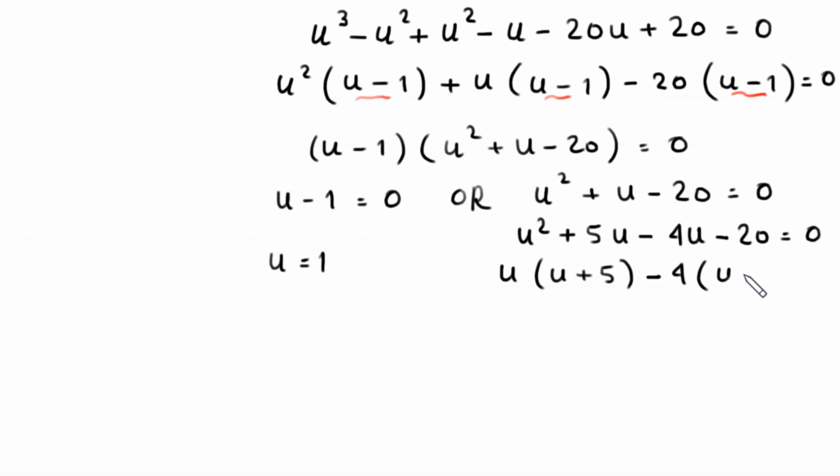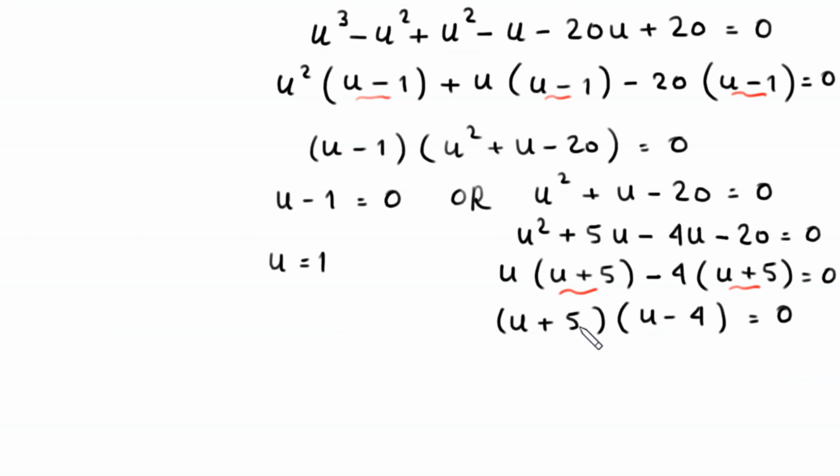In bracket left, u plus 5 equal to 0, and this u plus 5 is a common factor, so we factor out this u plus 5, and in bracket left, u minus 4 equal to 0.